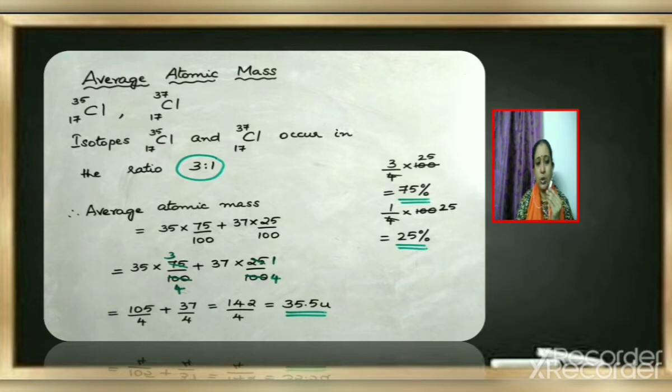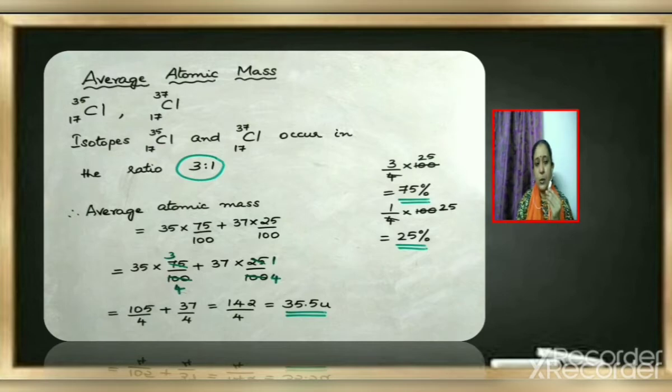And these isotopes occur in the ratio 3:1. So how can we calculate the average atomic mass of chlorine? It will be equal to the atomic mass of one chlorine isotope into its percentage abundance plus atomic mass of the other isotope into its percentage abundance.